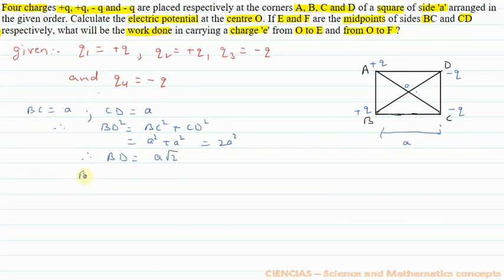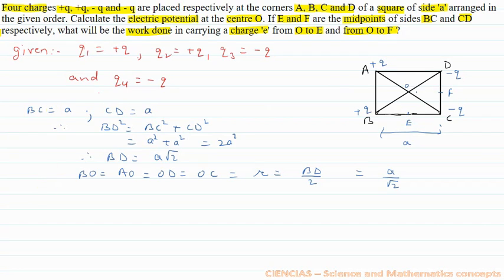So we need distance BO, which is equal to AO, which is equal to OD, which is equal to OC, which we are taking r, that is equal to half of BD. So that becomes a by root 2. So the value of r we are having. Now in this case, we are also given point E is midpoint of BC. This is point E, the midpoint of BC, and this is point F, which is midpoint of CD.